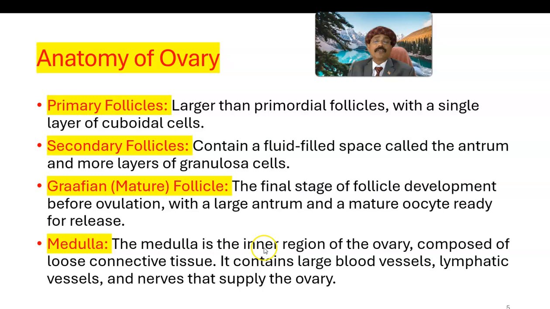The medulla is the inner region of the ovary, composed of loose connective tissue. It contains large blood vessels, lymphatic vessels, and nerves that supply the ovary. And the mature ovum is released at ovulation, and it is usually around the 14th day of the menstrual cycle.